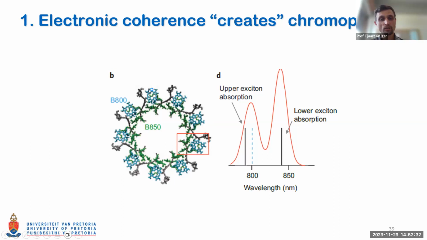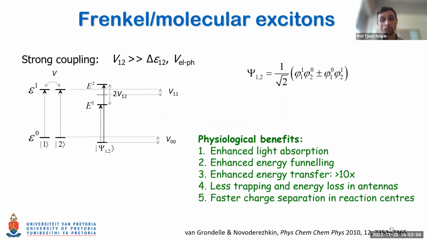Due to all these strongly interacting bacterial chlorophylls in this case, one gets a whole exciton manifold. So a lot of different energy levels, and a lot of different energy splitting that happens. And the energetic distance between the lowest exciton state and the highest exciton state is about 50 nanometers. So just by means of this excitonic interaction, one can create an energy ladder. And this obviously broadens the absorption cross-section, so photons of many different colors can be absorbed.